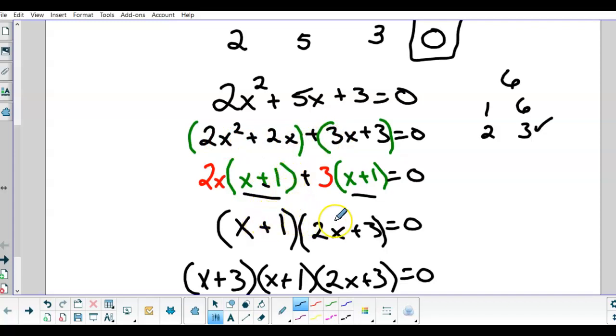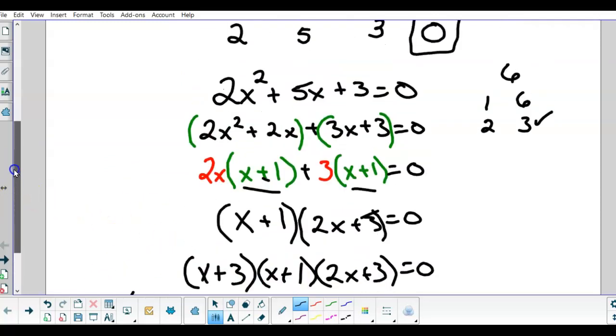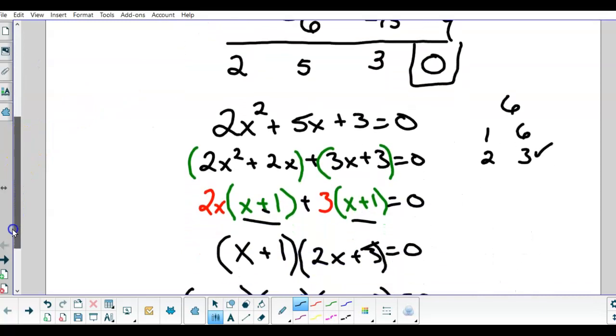I get x plus 1, 2x plus 3, and solving all 3 factors gives me my zeros. I have 3 solutions. I can verify I was supposed to have 3 solutions because I am to the 3rd power. So that's how you do synthetic division.